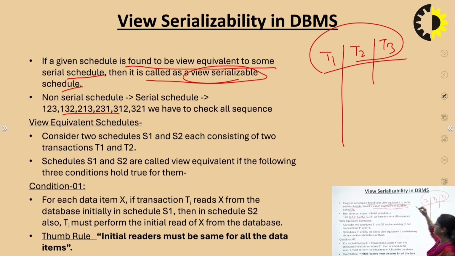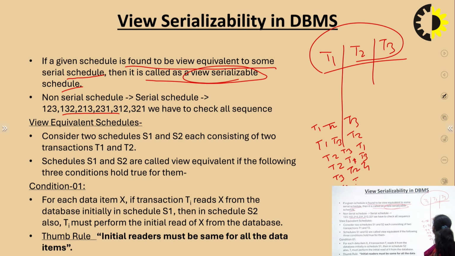How many possibilities of these sequences are there? T1, T2, T3, then T1, T3, T2, then T2, T3, T1, T2, T1, T3, then T3, T2, T1, T3, T1 and T2. These are the possibilities for the given transactions.